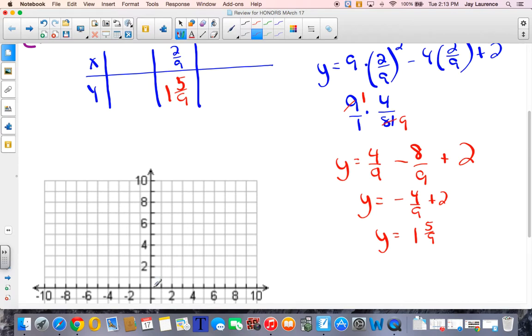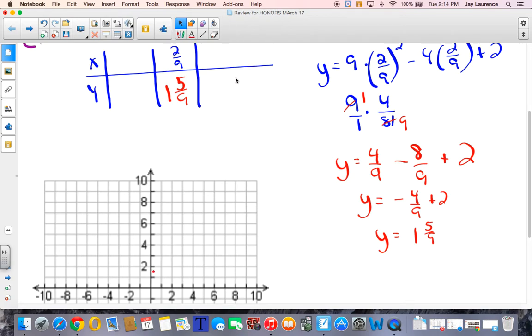That's the y-coordinate. So let me see if I can graph that. 2/9 is going to be here, and 1 5/9 is going to be right about halfway, not quite halfway, maybe over a little bit more. Yeah, something like that.